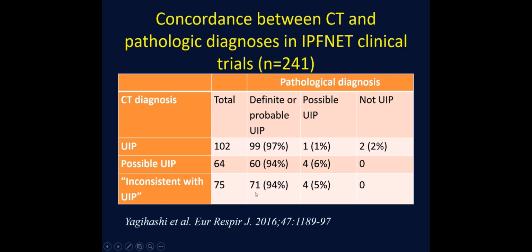Notice that in this very selected population, 94% of those subjects had histologic UIP. So what does this mean? It means that the term inconsistent with UIP is probably no longer accurate, and we need to come up with a better term, probably indeterminate rather than inconsistent.